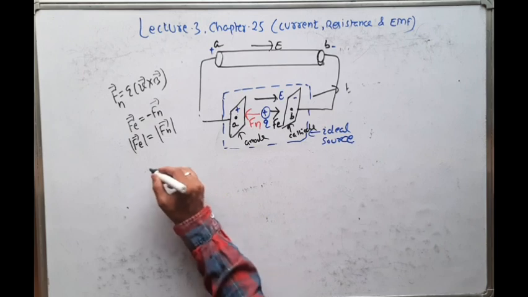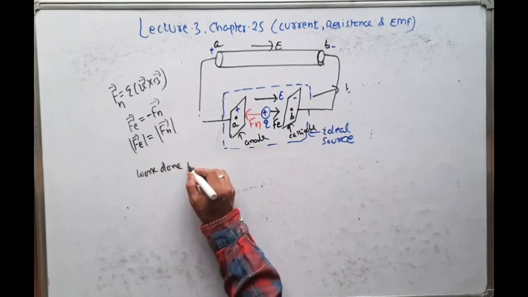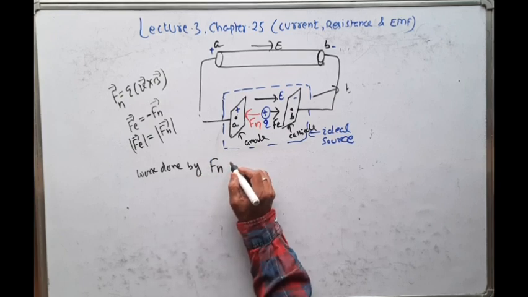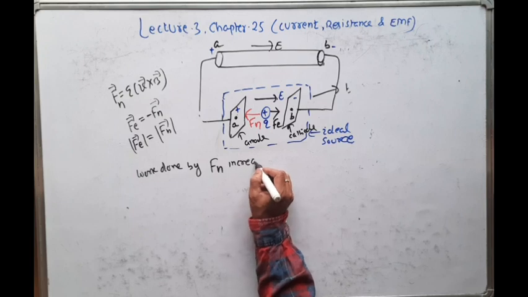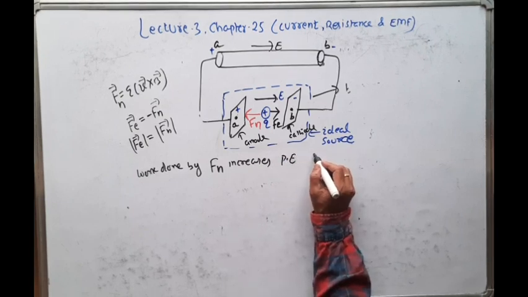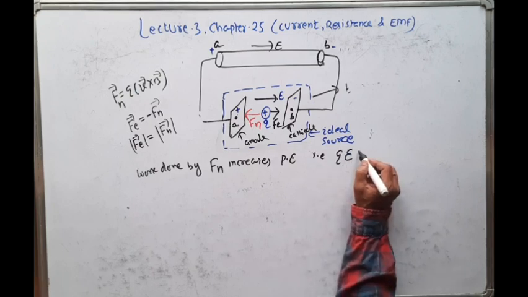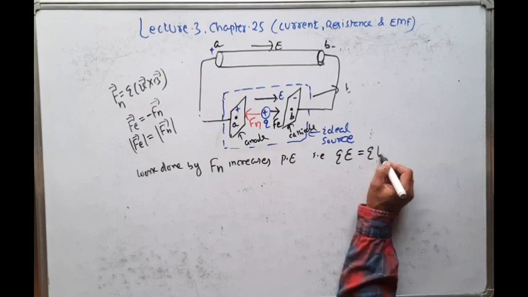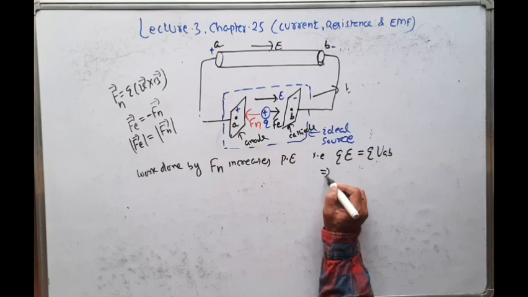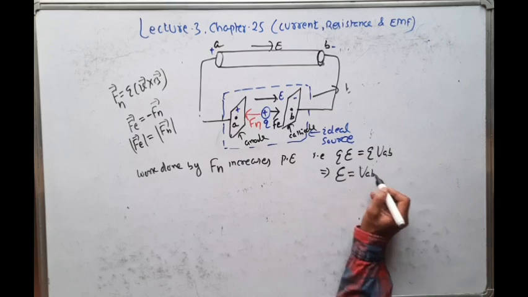So I can write the work done by the non-electrostatic force Fn increases potential energy, that is Q times E is equal to Q times the potential difference across A and B. So that implies the EMF value is equal to the terminal potential difference.